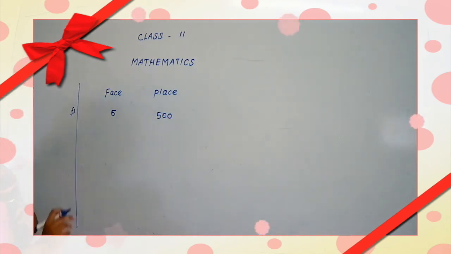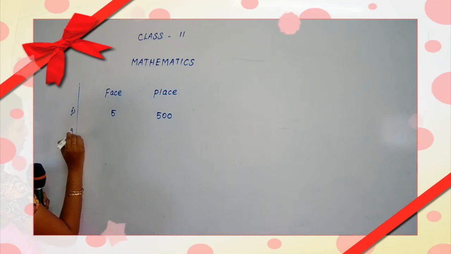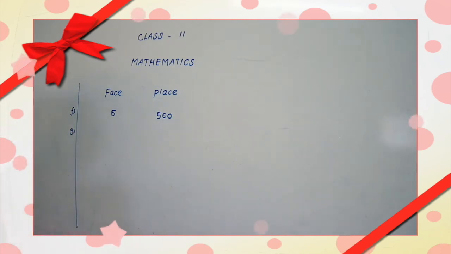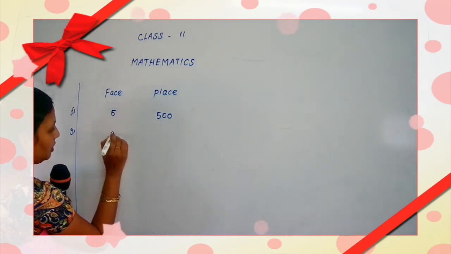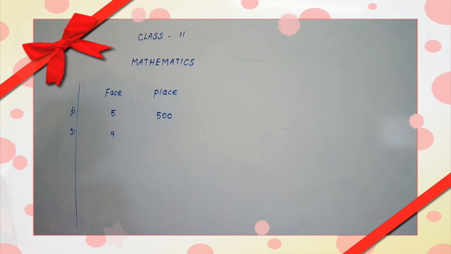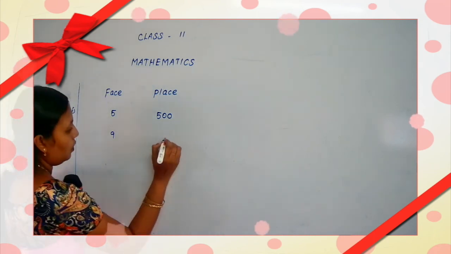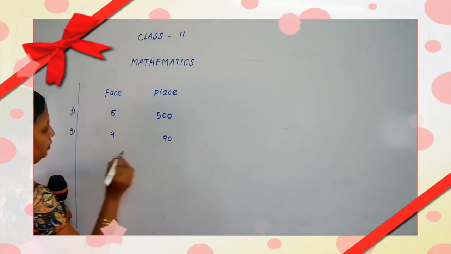Then see the G. 592. Which number is underlined? 9. 9 is in which place? Tens place. So we want to add 1 zero.